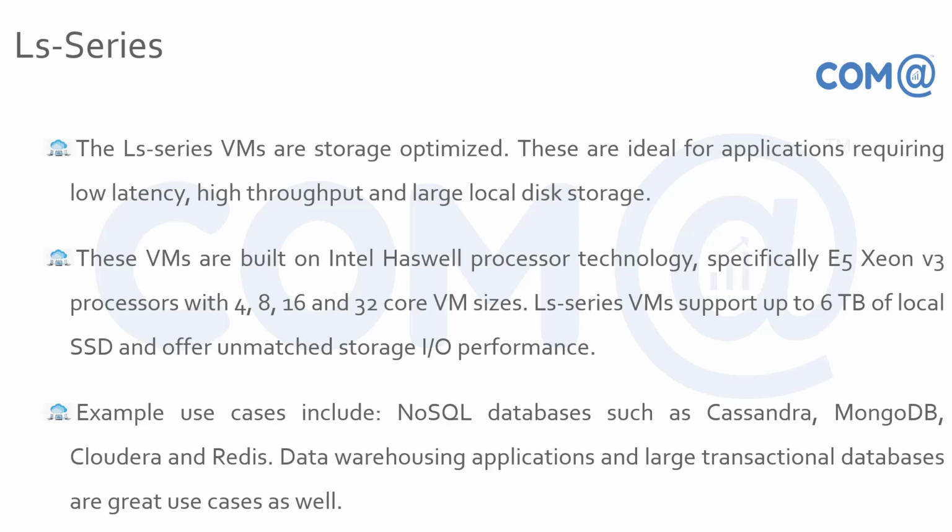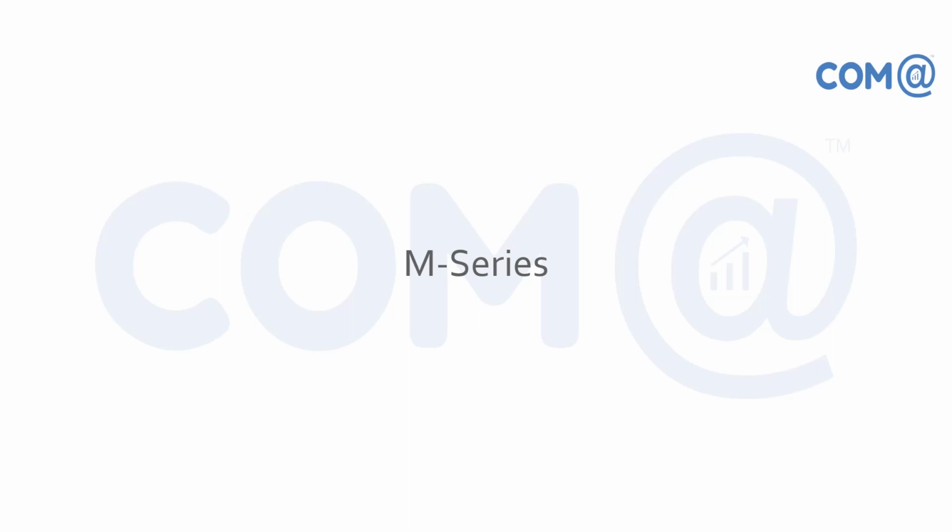The LS series VM supports up to 6 TB of local SSD and offers unmatched storage I/O performance. Example use cases include NoSQL databases such as Cassandra, MongoDB, Cloudera, and Redis. Data warehousing applications and large transactional databases are a great use case as well.